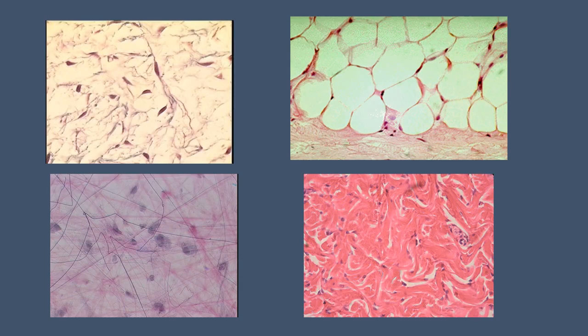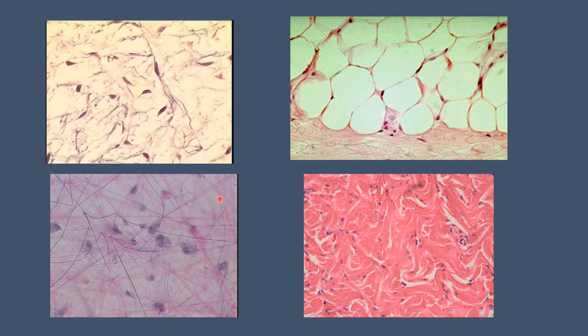And these are just some pictures that are showing you what you need to be familiar with. Just getting a feel for it, connective tissue has probably the largest variety of types of tissue. And so you need to look at not only the cell, but what is the extracellular material, what we call the matrix.